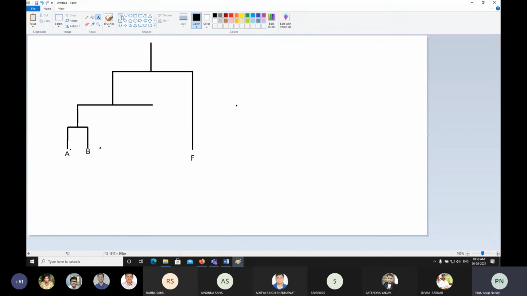Next, the diagram can be done, because these leaves will be at the same level, otherwise there will be a problem.